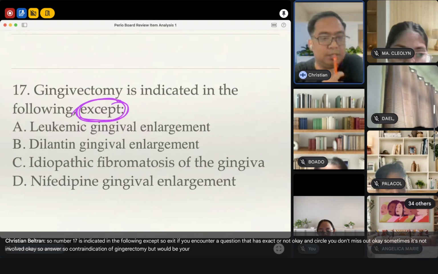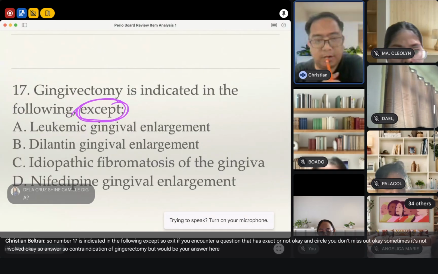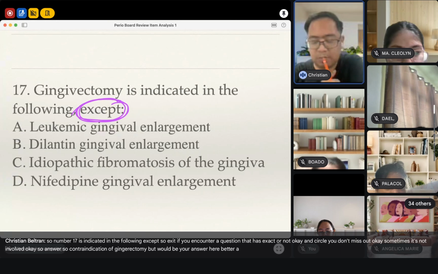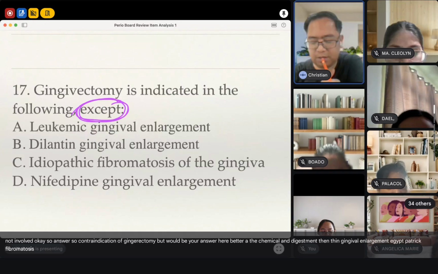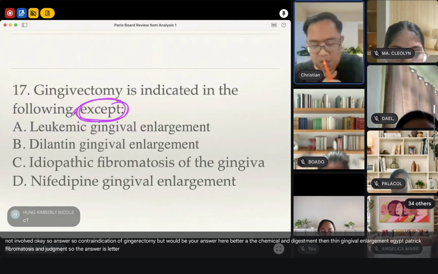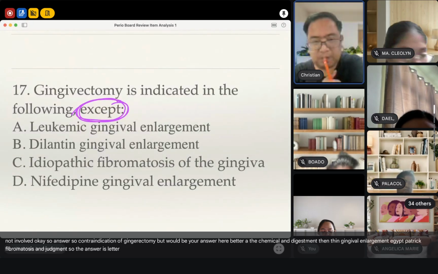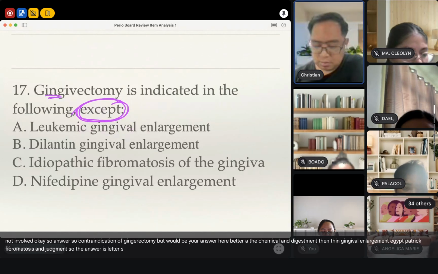What would be your answer here? Letter A, leukemic gingival enlargement, dilantin gingival enlargement, idiopathic fibromatosis, nifedipine gingival enlargement. So the answer is letter... Isipin ninyo, alin ba yung hindi kayo magpe-perform ng gingivectomy?